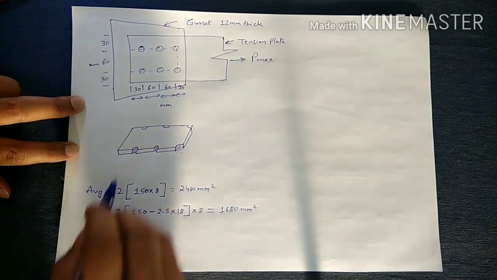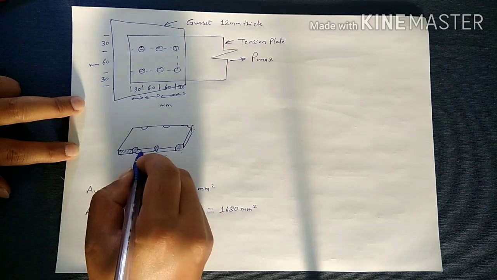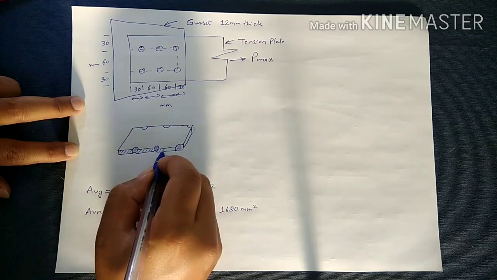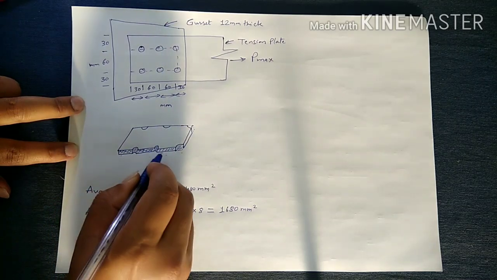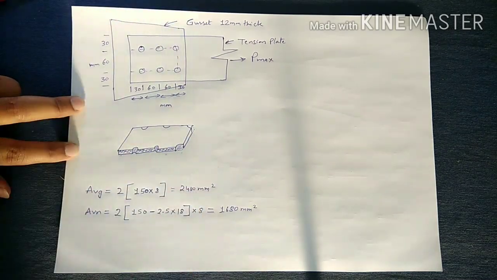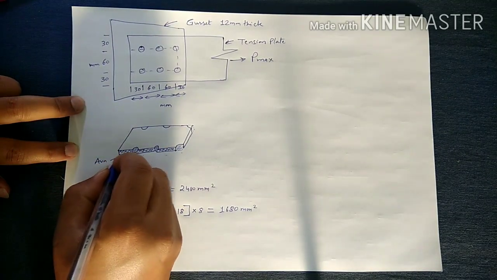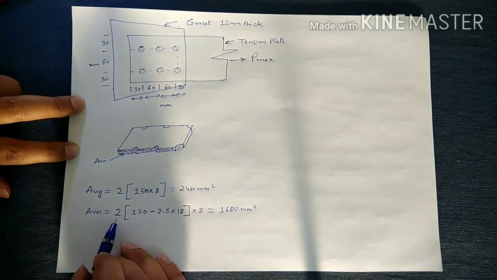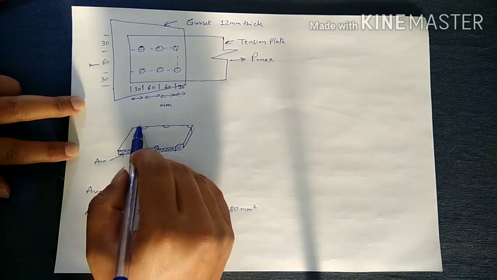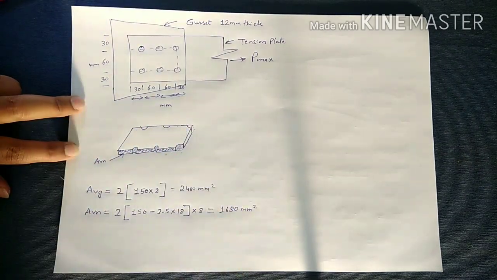So this AVN is this area. This is your AVN. We have multiplied twice because this area is also at the back side, which is not visible to us.